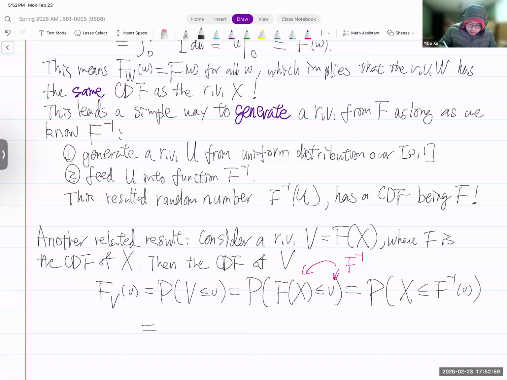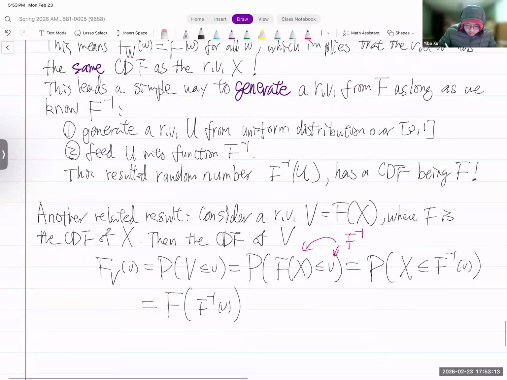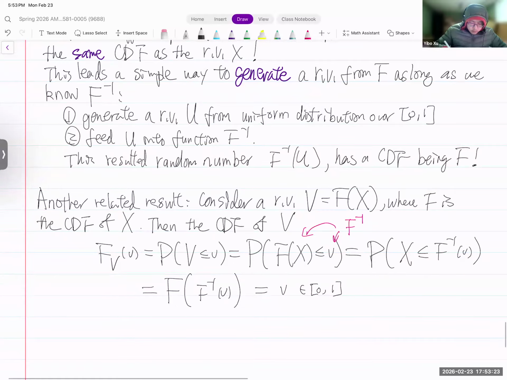This relates to the CDF of the value on the right hand side. And you see, F and F inverse are composed, so that gives you v, between 0 and 1, for any v.